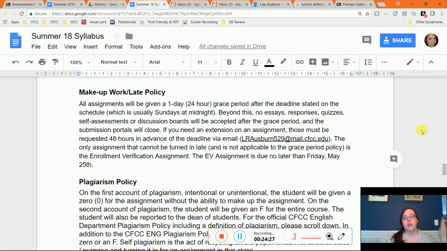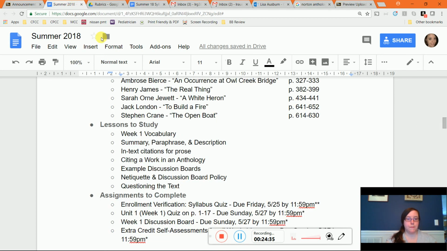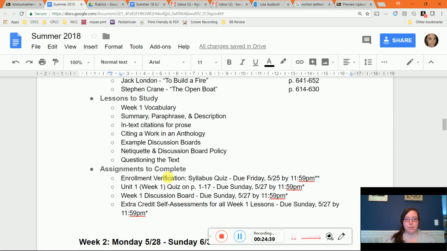Okay, so all the assignments are due on Sundays. In the schedule, I'll show you an example. This is week 1, assignments to complete. Enrollment verification is the only assignment that's not due on Sunday, because Cape Fear sets the deadline for that.